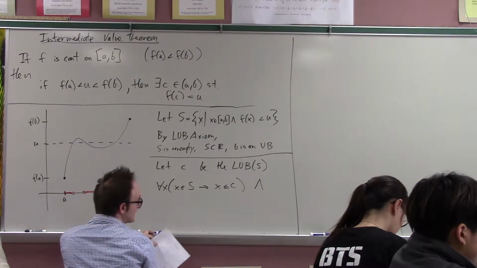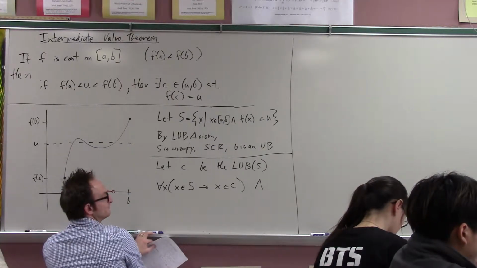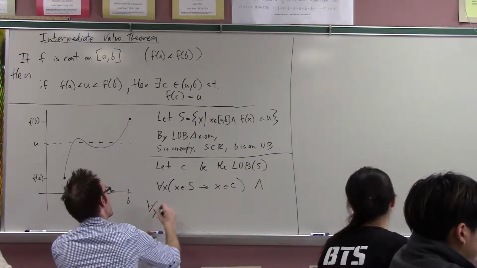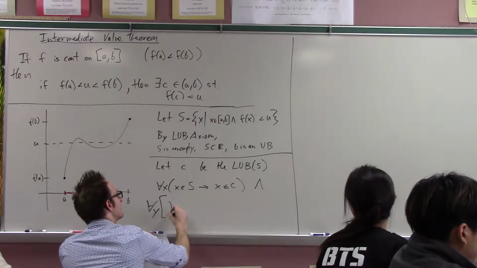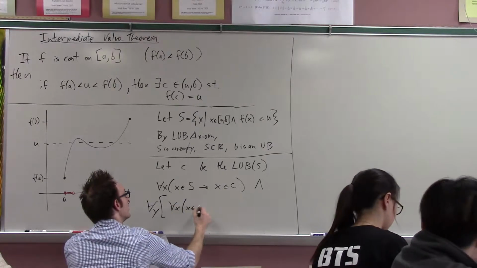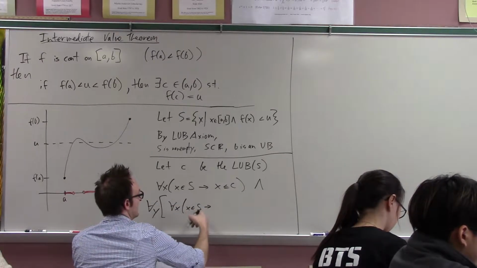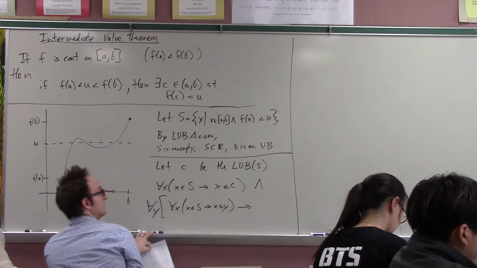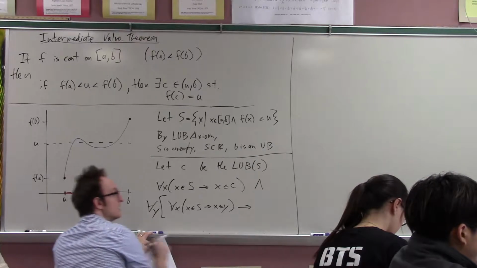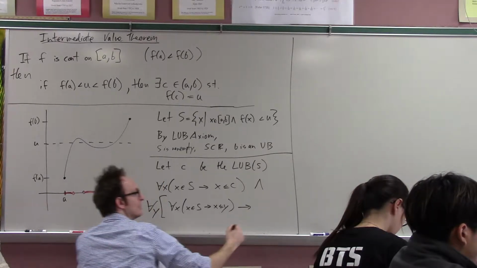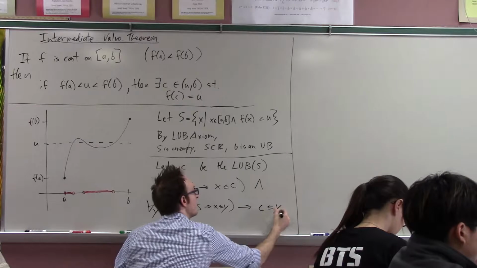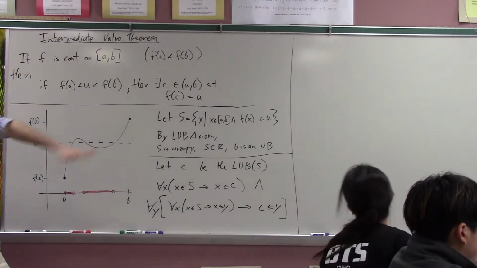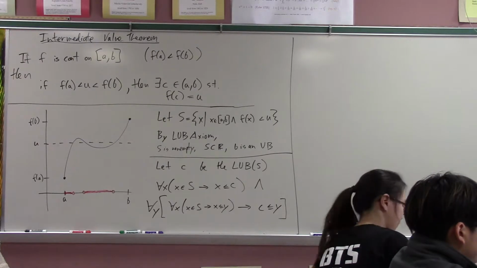So it's true that for all y, if y is an upper bound, which is true if for any number in the set it's less than or equal to y, then since C is the least upper bound, C is less than or equal to y.